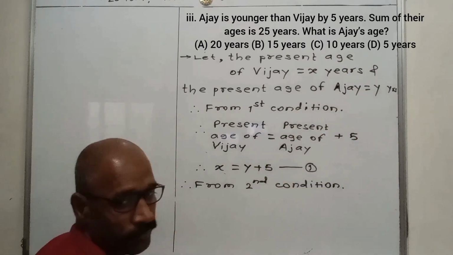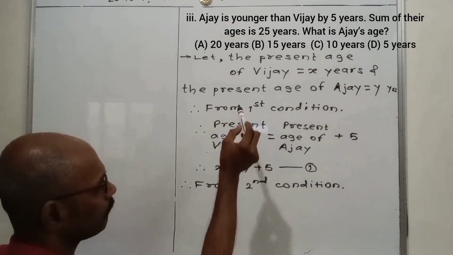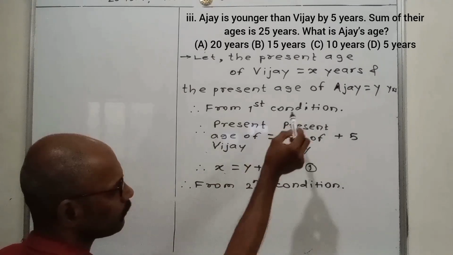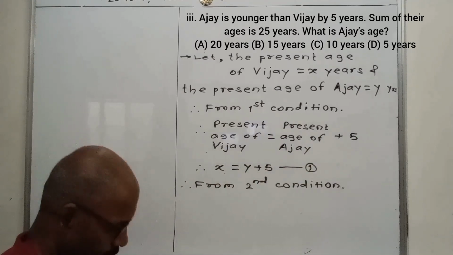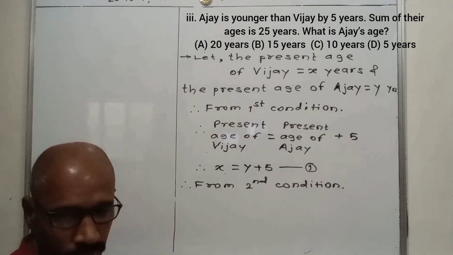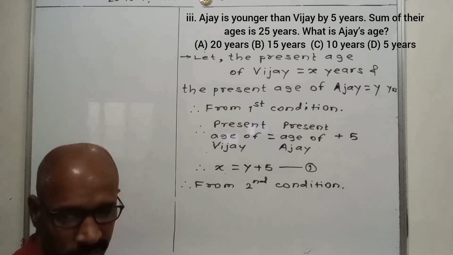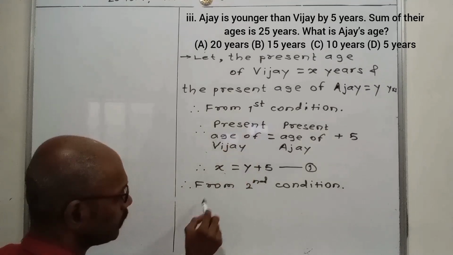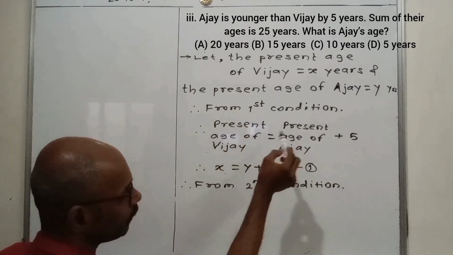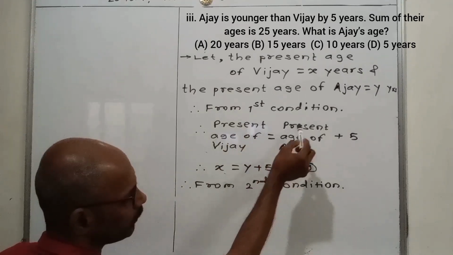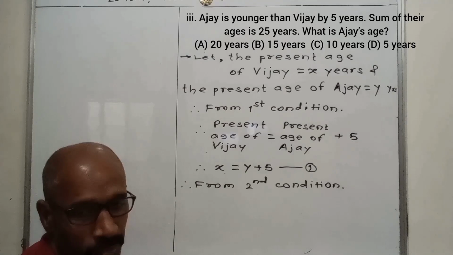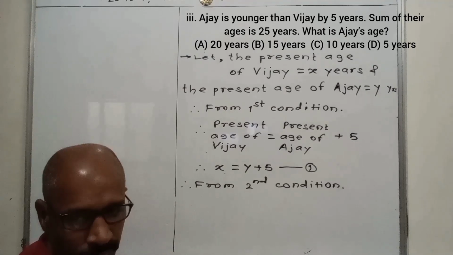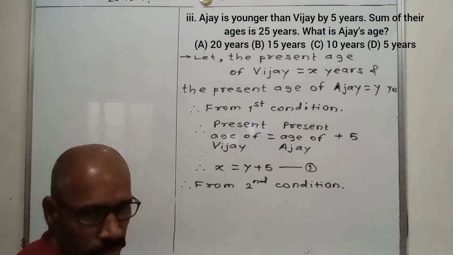Sum of their ages means present age of Vijay plus present age of Ajay is equal to 25 years. Did you get it?